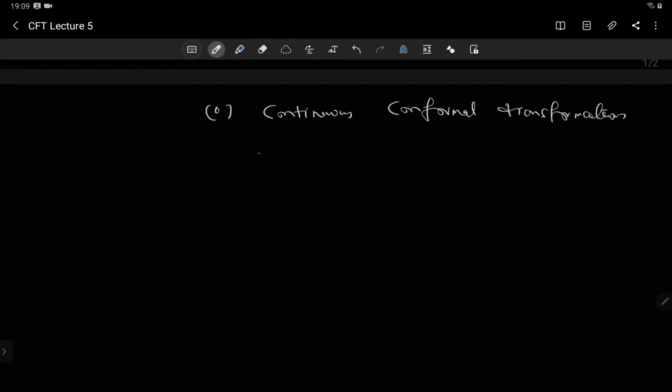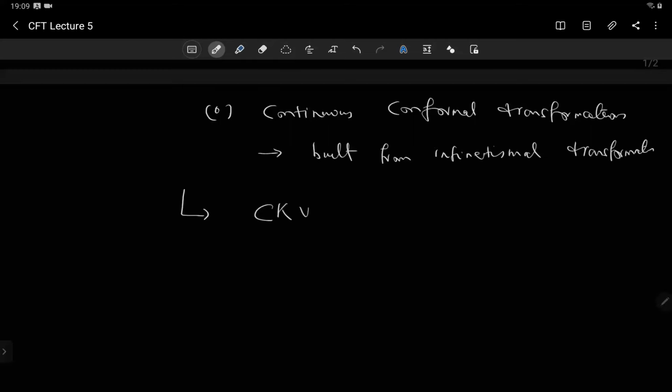These are those that are built from infinitesimal transformations, and here we introduced the concept of a conformal killing vector, CKV.